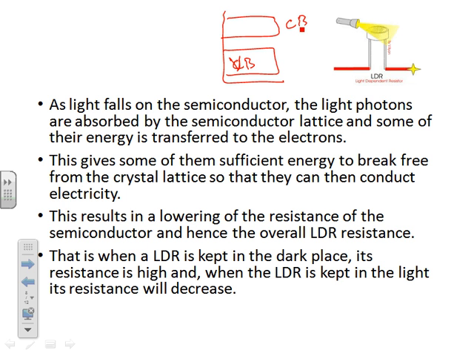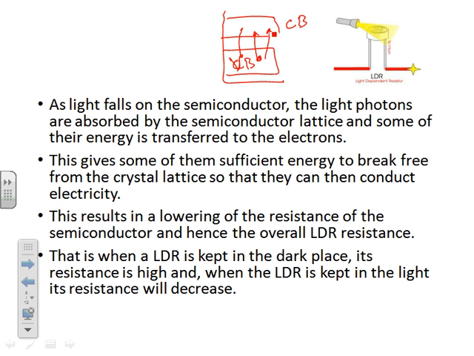When light falls on it, electrons absorb the energy from the light, and these electrons move to the conduction band. So many electrons move to the conduction band, and the conduction band gets filled by free electrons. So the conductivity of the material increases, and the resistance decreases.